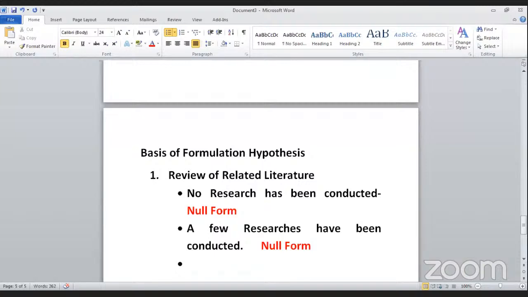Because if you conduct the same type of research again, you will get the same finding. So there is no need of conducting more researches if you have the consistency in the finding. Then you can now theorize, or you can give laws.